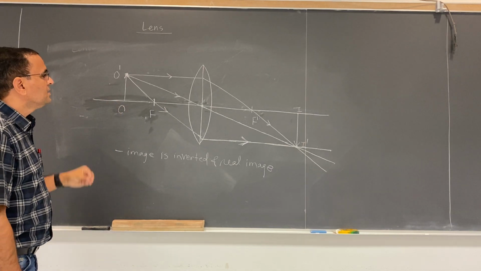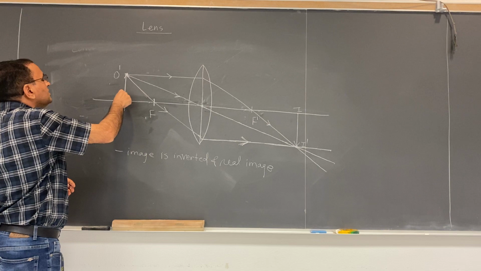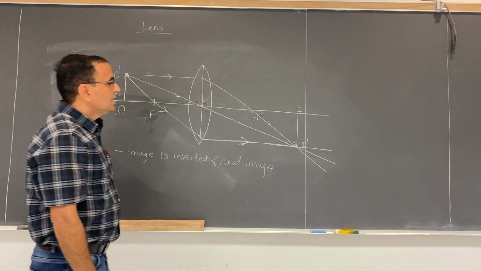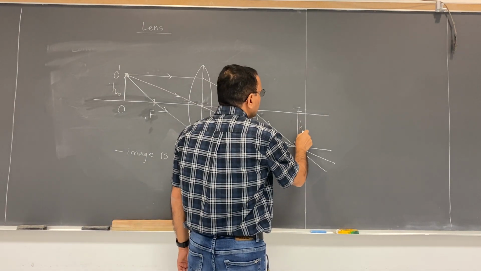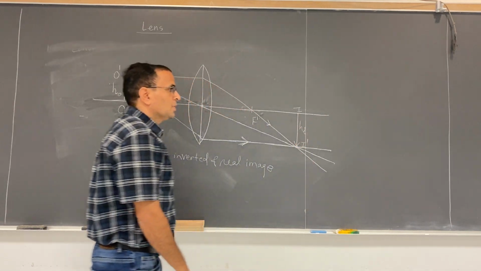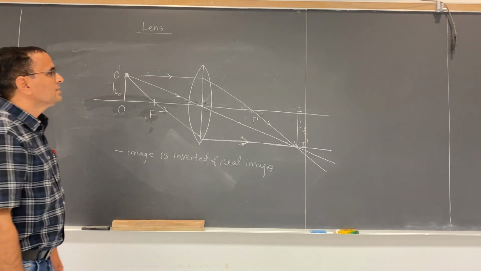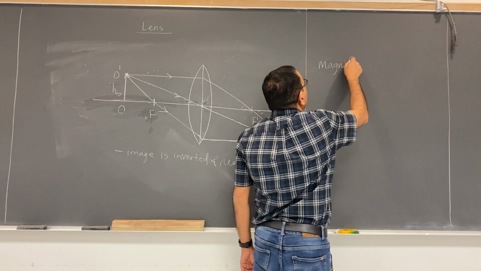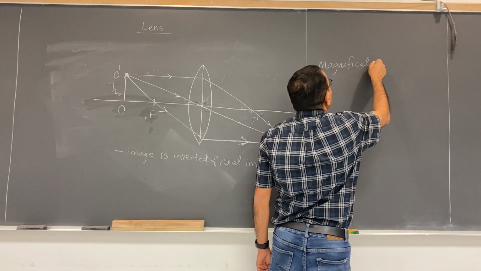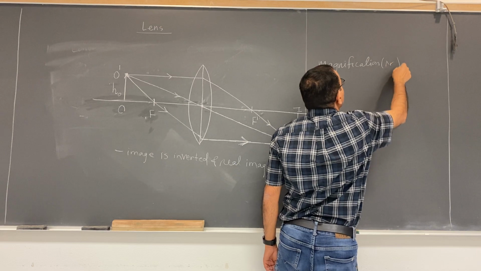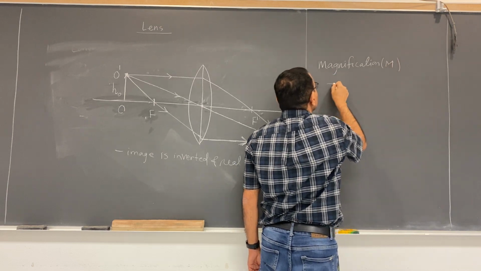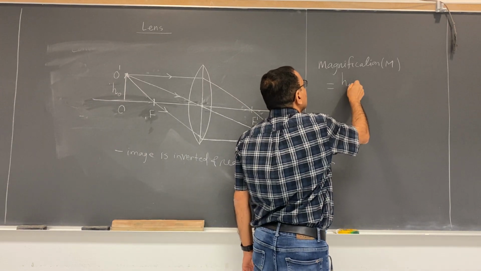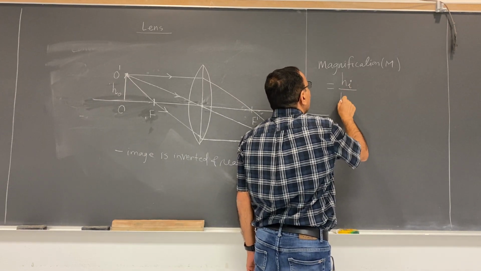If this is HO, the object height, and this is HI, the image height, then the magnification, M, is equal to the size of the image, HI, divided by HO.